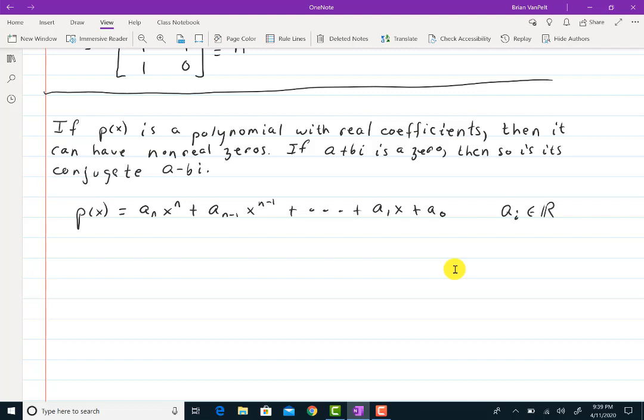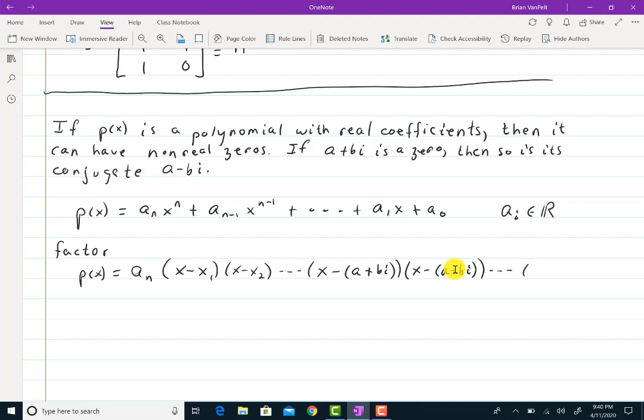Then when you go to factor it, you can always pull the an in front when you factor things out, and you'll end up with something like this: x minus x1, x minus x2, dot, dot, dot. And somewhere down the line, you'll probably have this. And so it's a combination possibly of linear and maybe quadratic factors.